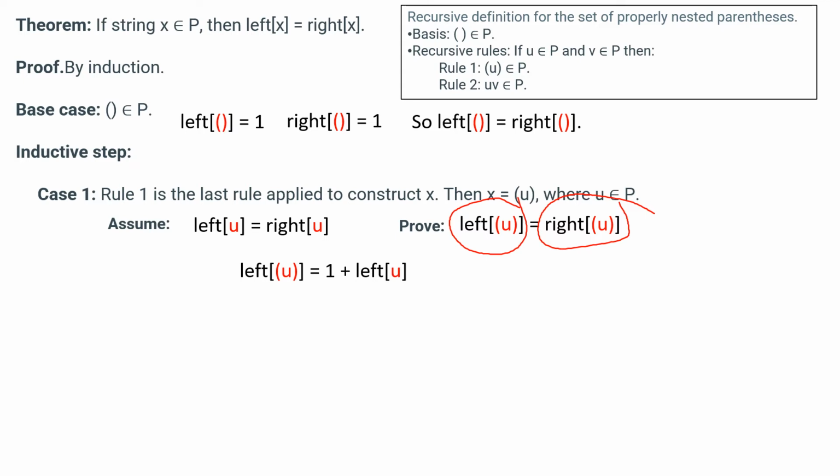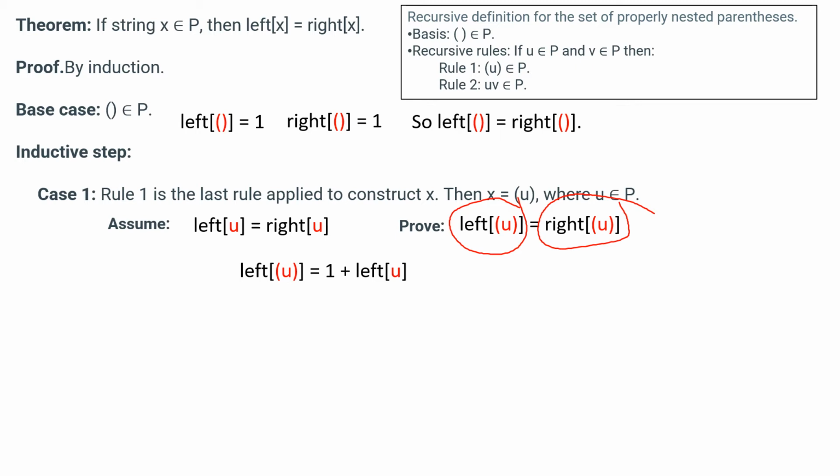Well, all we did when we went from u to this new element is that we put a set of parentheses around it. So we would have just added one left parenthesis. So this new element has one more left parenthesis than u did to begin with.